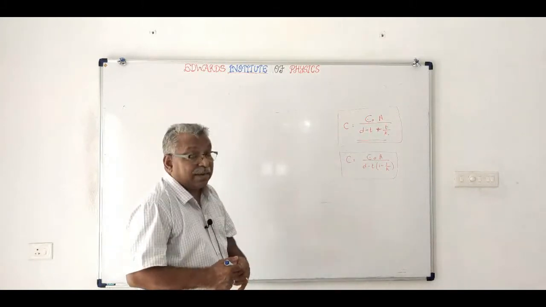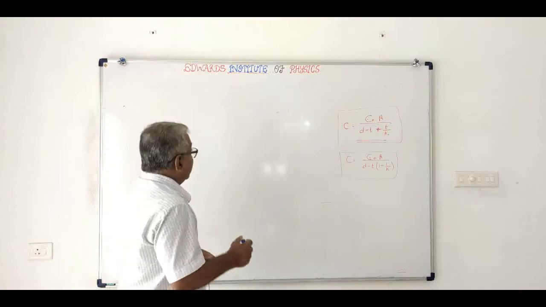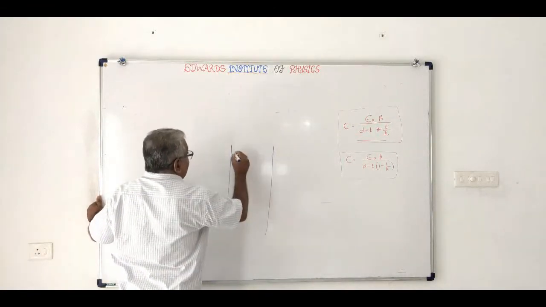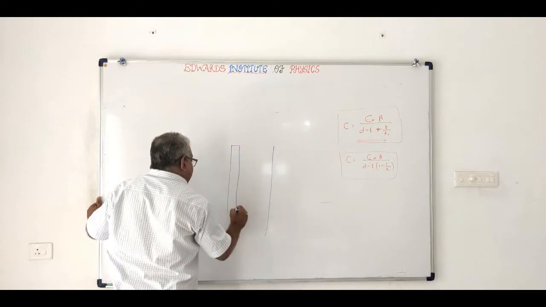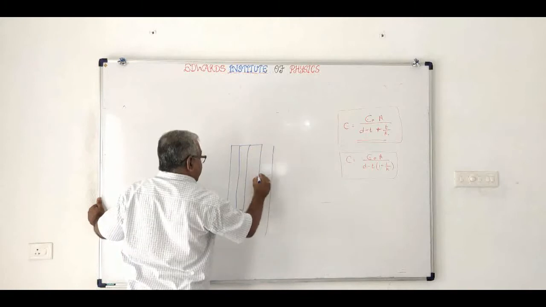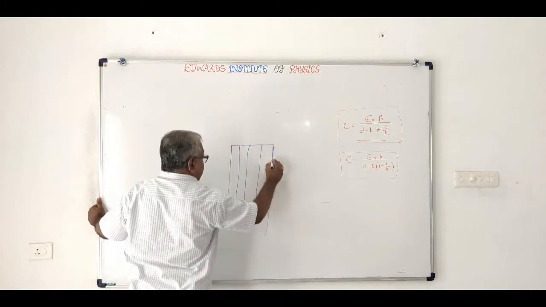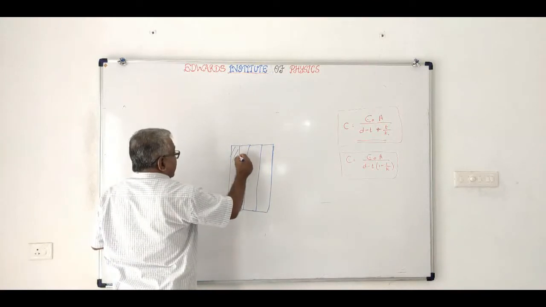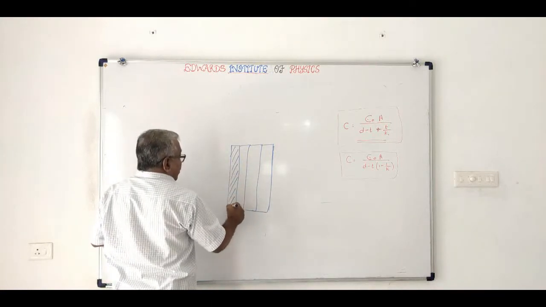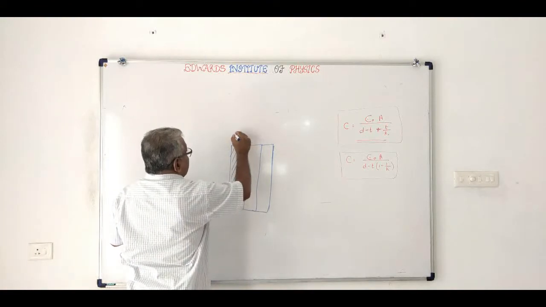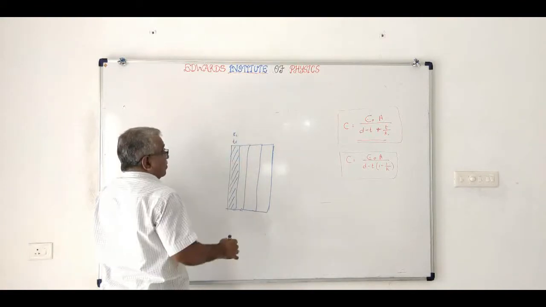Now let us learn another special case wherein the parallel plate capacitor you are filling it with different dielectrics of different thickness. Let it be T1, and its dielectric constant is K1.